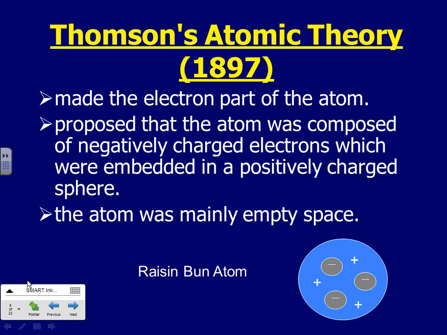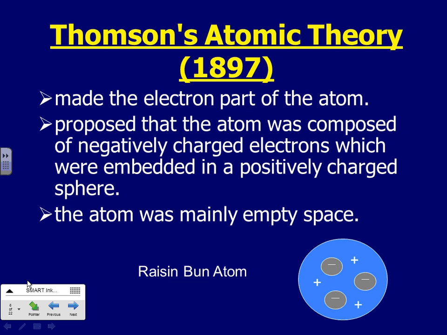Okay, so we jump ahead, probably about 100 years, and we get to Thomson. Lots of science has been done at that point in time. We've had electricity being introduced into mainstream science, where chemists were zapping absolutely everything that they could find with electricity, and they were discovering that all matter contained these tiny little particles, and these tiny little particles were called electrons.